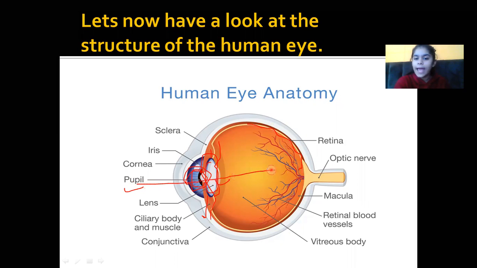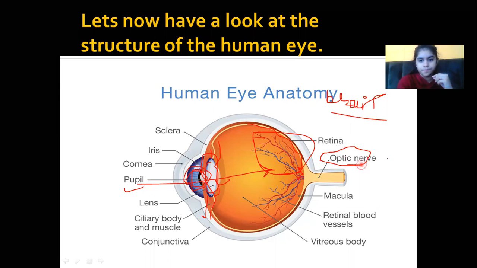All the light comes and falls on the retina, and the image forms here. It acts as a screen, and then these signals are transferred to the brain through the optic nerve.